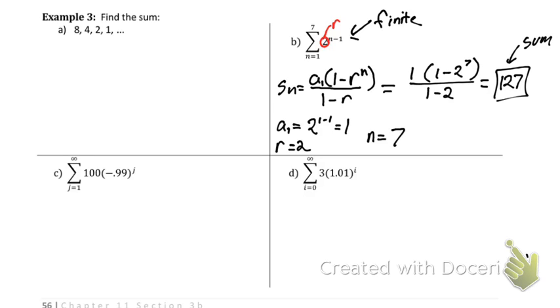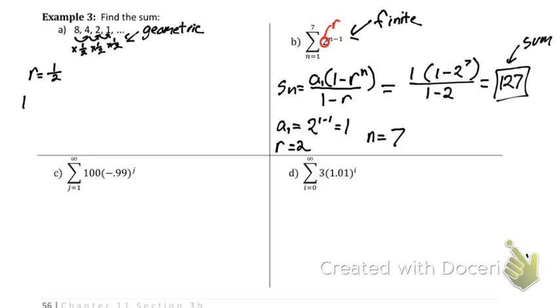All right, our next one is 8, 4, 2, 1. Well, if I look at this, we're just multiplying by 1/2 times 1/2 times 1/2. So it is geometric. Our r value equals 1/2.